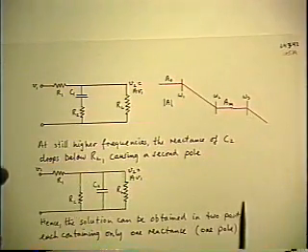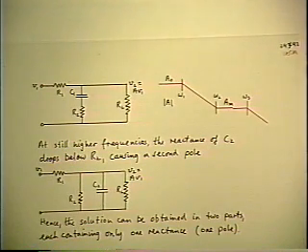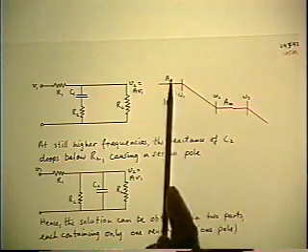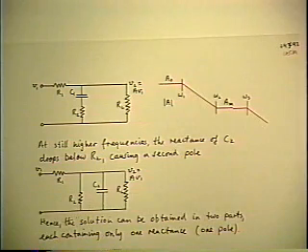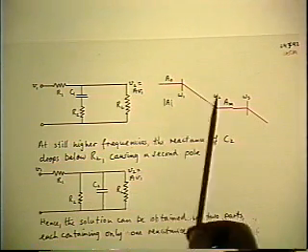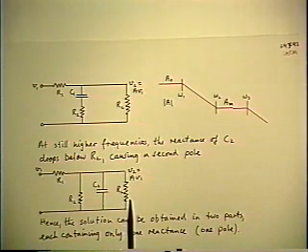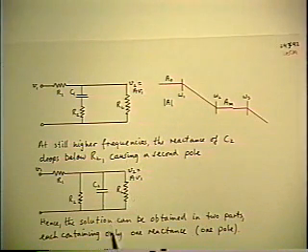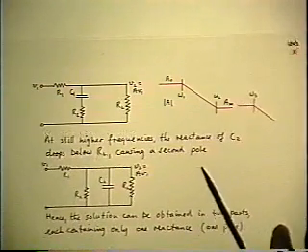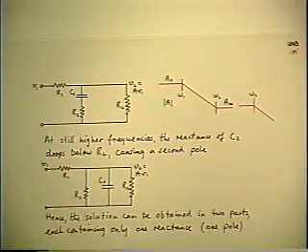So qualitatively, before you even write anything, you know that the two poles are determined separately by the two capacitors. And the approximation of dividing the result into two frequency ranges is equivalent to making the approximation that the two real roots of the quadratic are well separated. It's the same approximation.